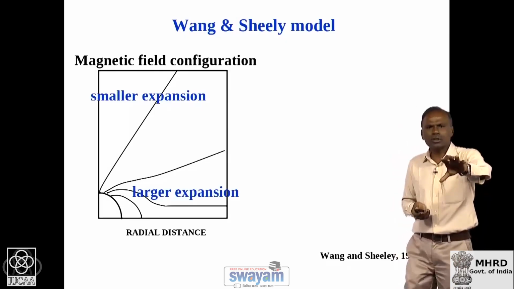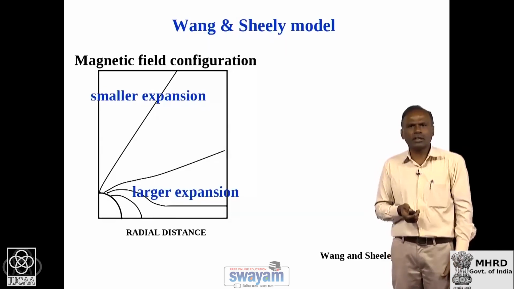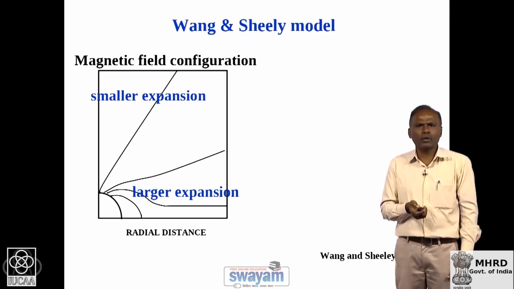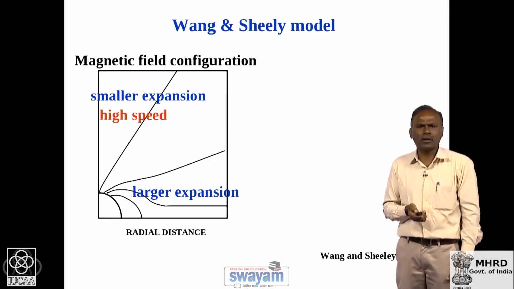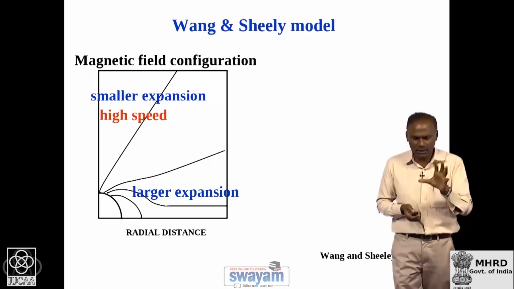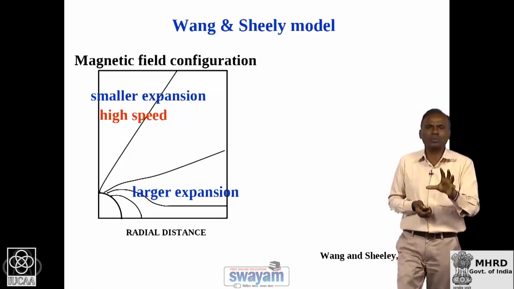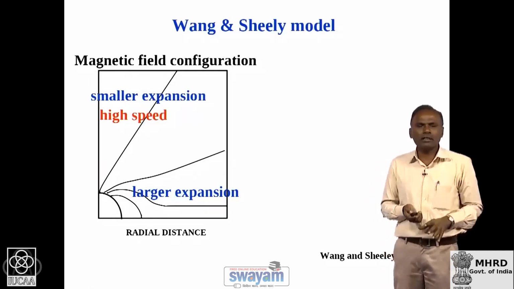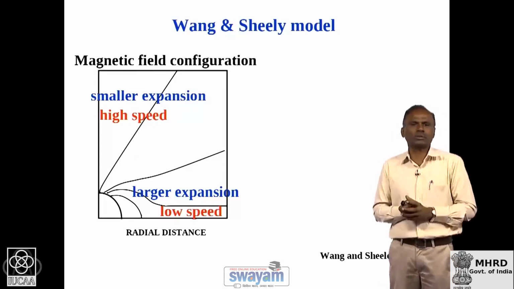Smaller expansion factors correspond to high speed wind, whereas a larger expansion corresponds to low speed wind.